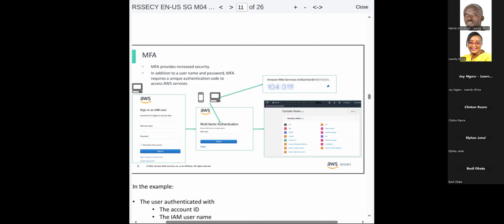For example, was it Salem who was saying that, or Ridge, either of you, you are saying that you are trying to do something on a certain lab, but you're not able to. And we said that each lab has its own permissions, right? So whatever you cannot do, you cannot access.